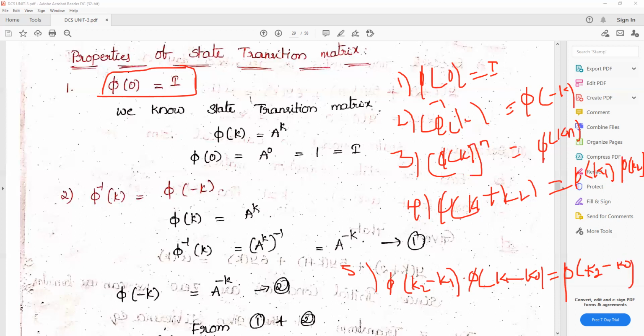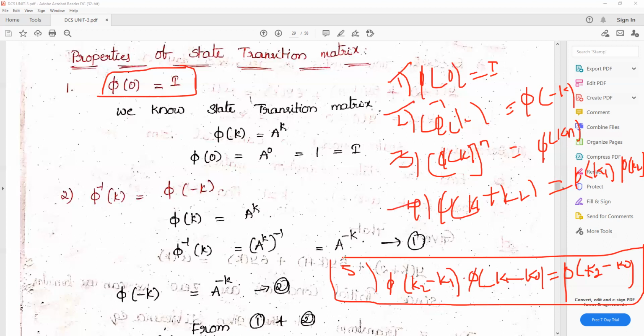So these are the 5 properties of the state transition matrix.